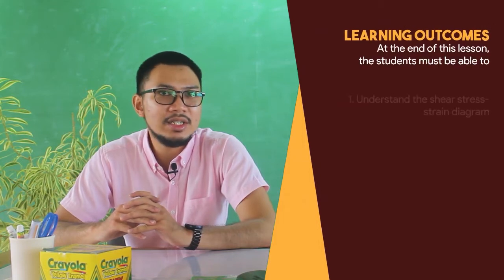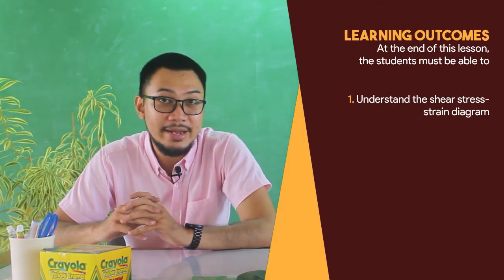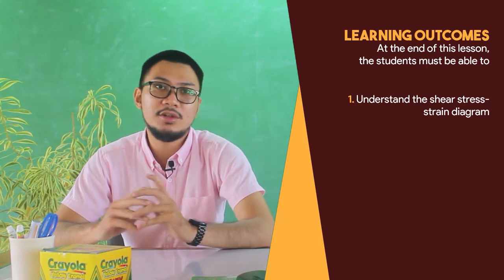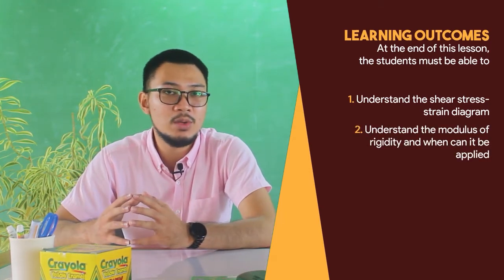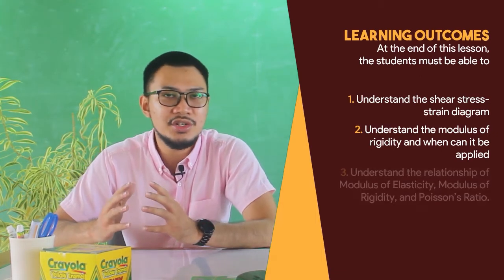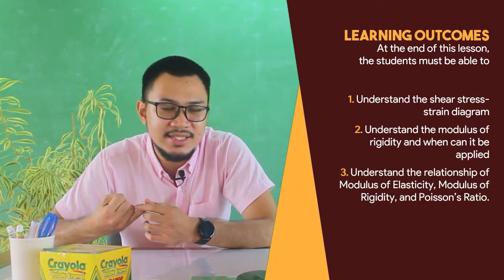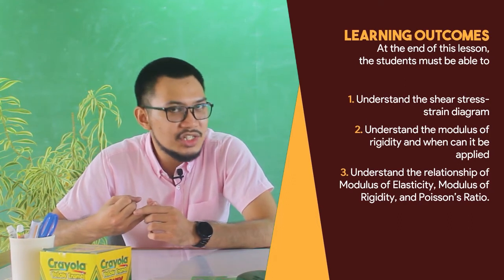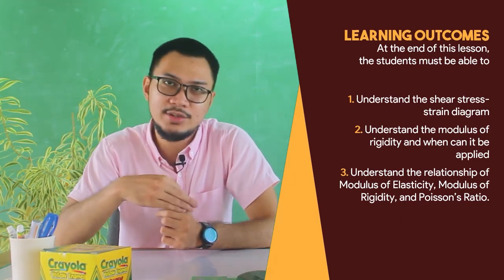Okay? This time, we will talk about the shear stress strain diagram. So how is the shear stress strain diagram conducted? Our aim for this lesson is that we will learn the shear stress and strain diagram, and we will also be familiar with the term modulus of rigidity. We will also learn the relationship of your modulus of elasticity, modulus of rigidity, and your Poisson's ratio.